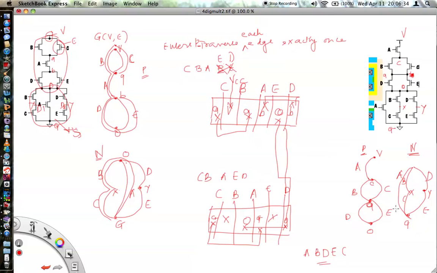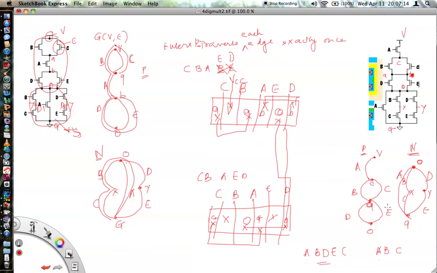So we can start with node G. We can go to vertex O via A. Then we can go to B, C, and then we need to go, okay, so we cannot have the same pattern that we got for P for N as well.